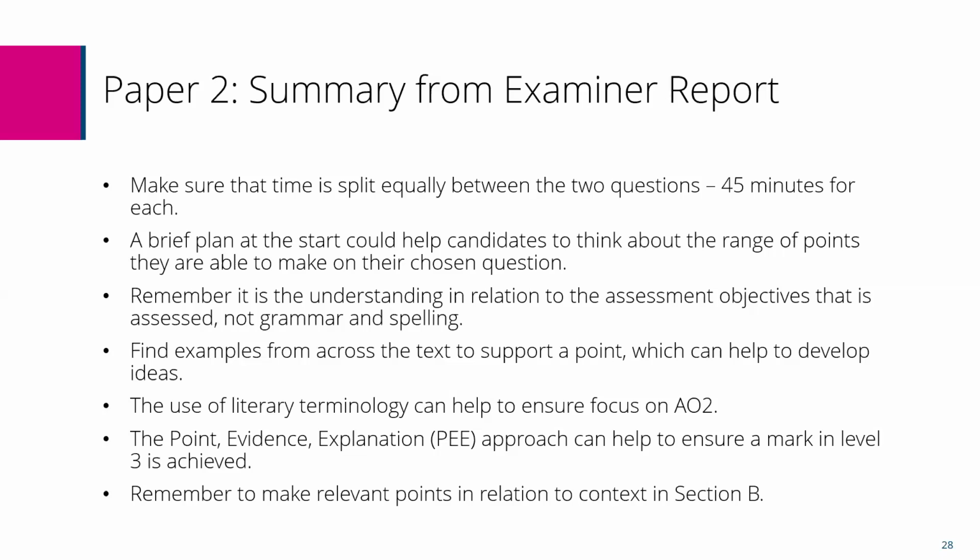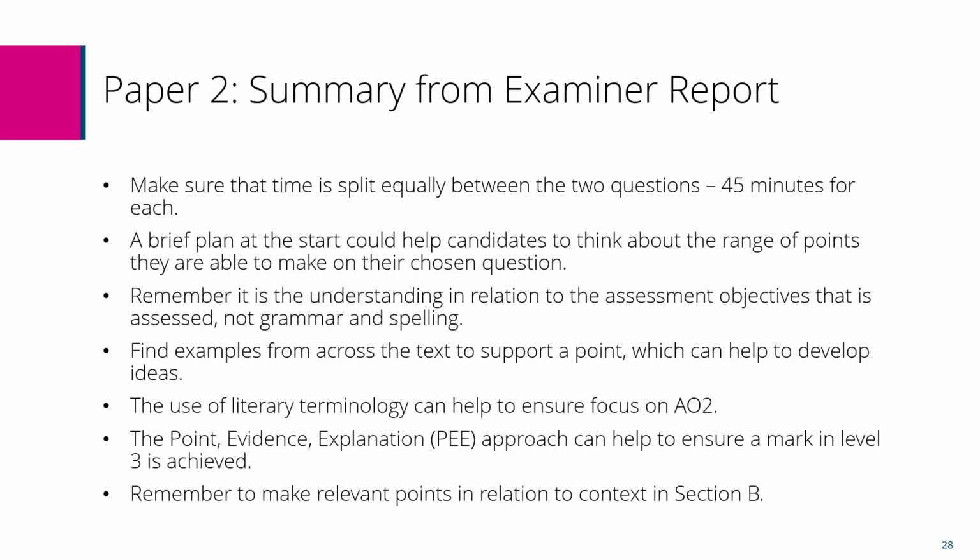Remember, it is the understanding in relation to the assessment objectives that's being assessed, not grammar and spelling. So AO1 and AO2 for section A, and AO1, AO2, and AO4 for section B. Find examples from across the text to support a point, which can help to develop ideas. The use of literary terminology can help to ensure focus on the AO2, that's the language, form, and structure.